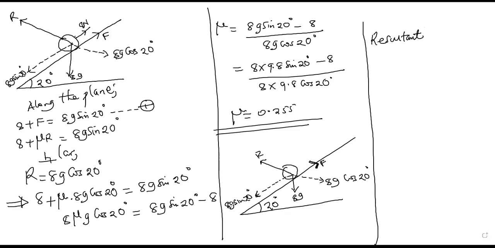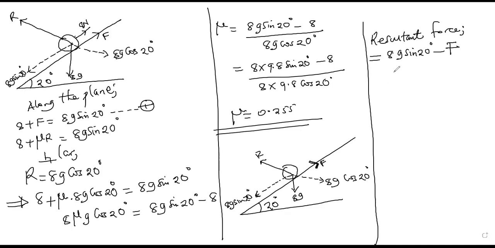Don't tell me that 8g sine 20 is equal to the frictional force. No, it must be counterbalancing some other force. So if I'm to get the resultant force, it is going to be equal to 8g sine 20, because the body is moving down but is being opposed by frictional force. That is how we get the resultant force.